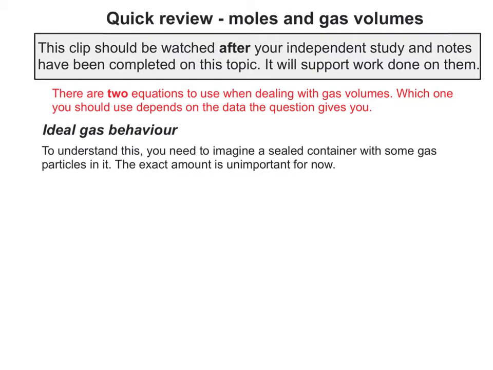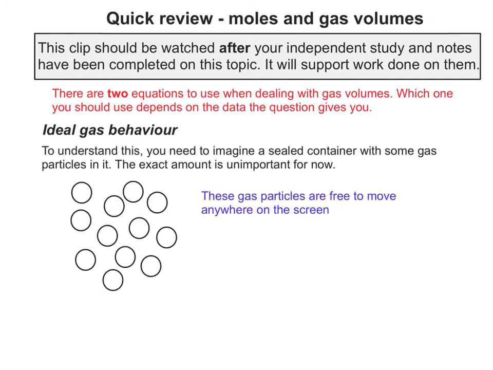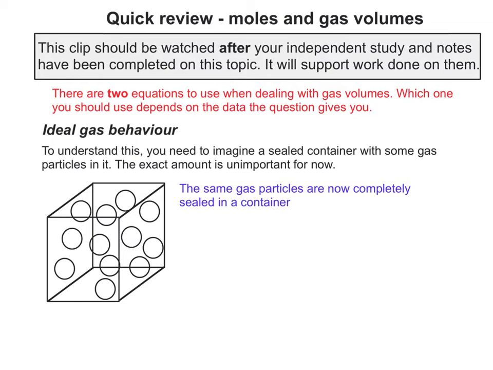Before we start, we need to do a quick look at ideal gas behaviour. These gas particles are free to move anywhere on the screen. Those same gas particles are now completely sealed in a container, and they're going to be exhibiting some features if they're going to show ideal gas behaviour. They're all completely spherical.